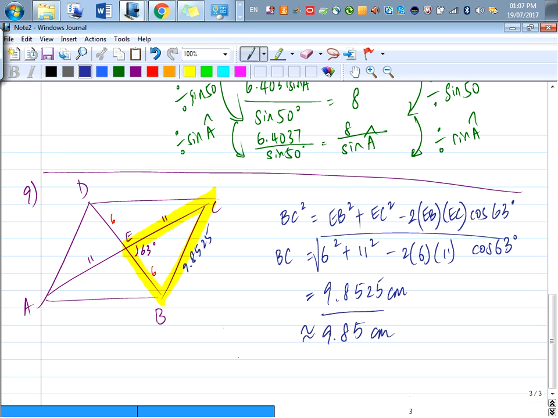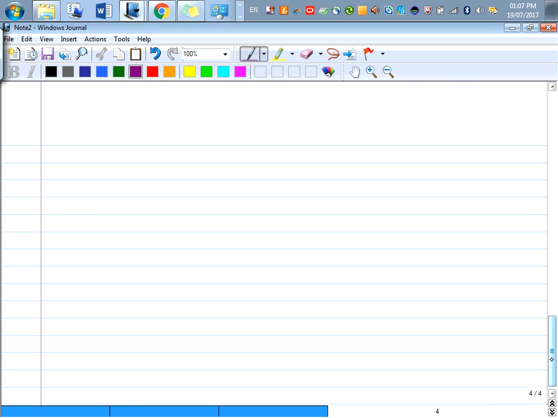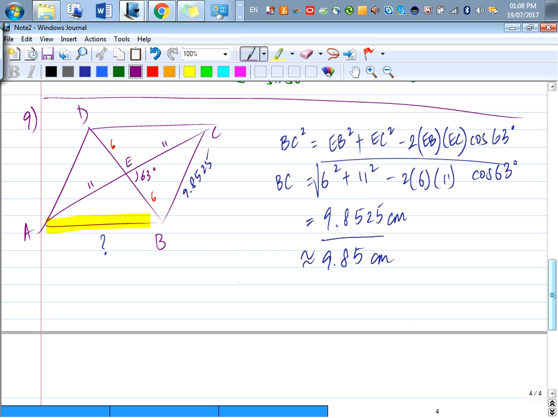Next part is to find the length of AB. Now I want to find this side now. How to find? Teja, what do you think? Cosine rule. Okay, what are we going to write?